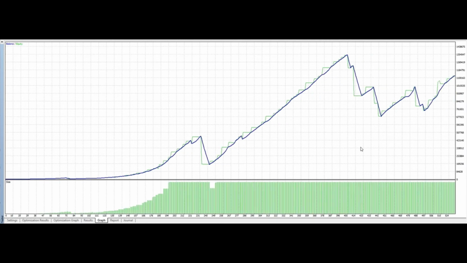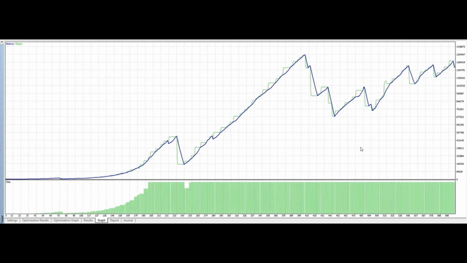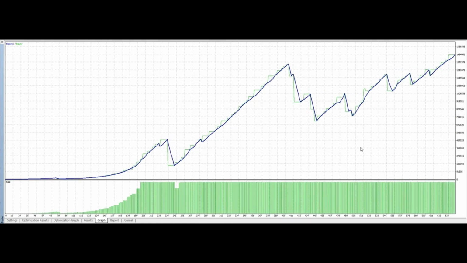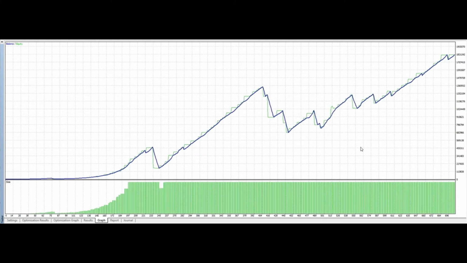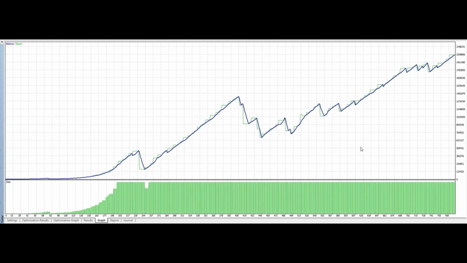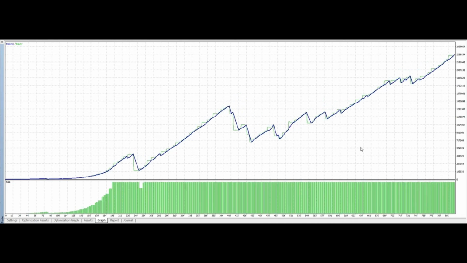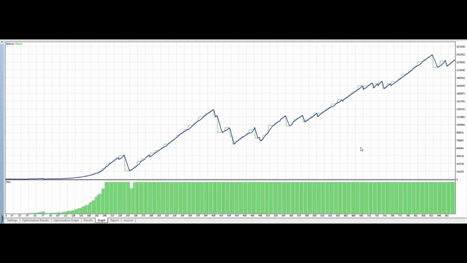Usually it's looking for about 5 or 6 pips, and the stop loss is probably 100 pips. So not a good risk to return ratio, but this is a highly leveraged account. And these are the kind of results which you could see.